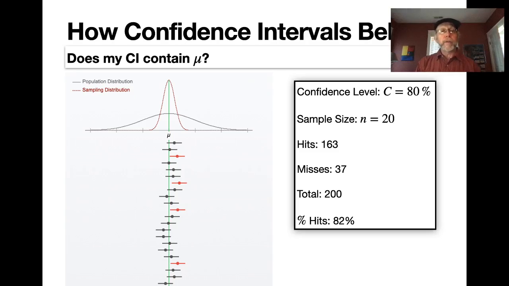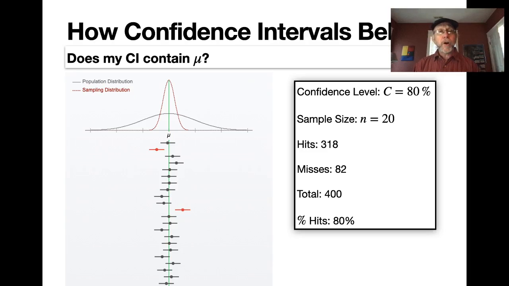After 200 confidence intervals, we've got a hit rate of 82%, again, very close. And it'll just get closer and closer the more confidence intervals we look at. After 400, we're right back at 80%. And again, this process would simply continue.